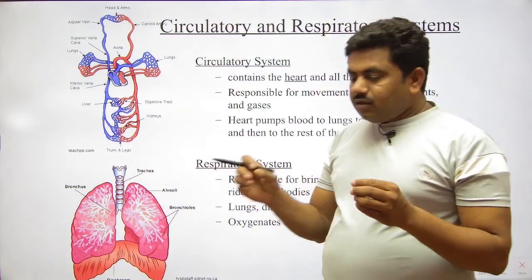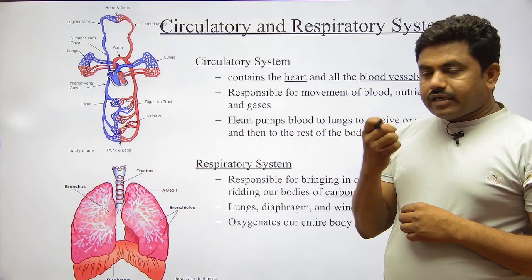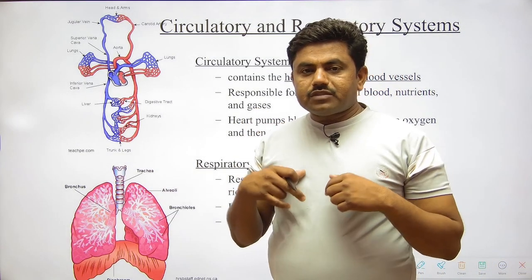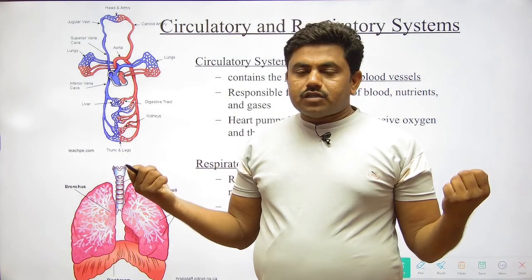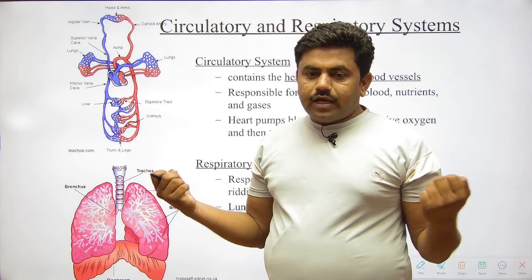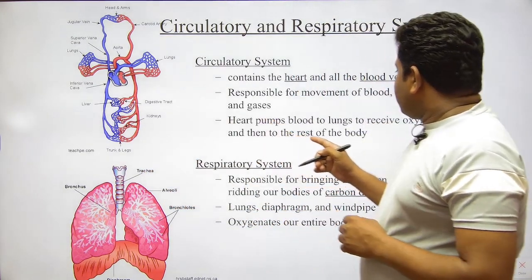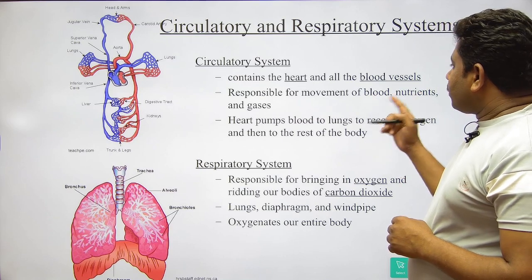How? When we inhale, the oxygen is collected from the lungs and mixes with the blood, and that blood circulates all over the body. That's why the circulatory system is important to receive blood, nutrients, and gases.